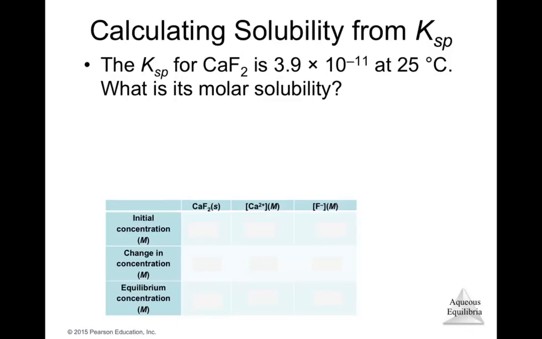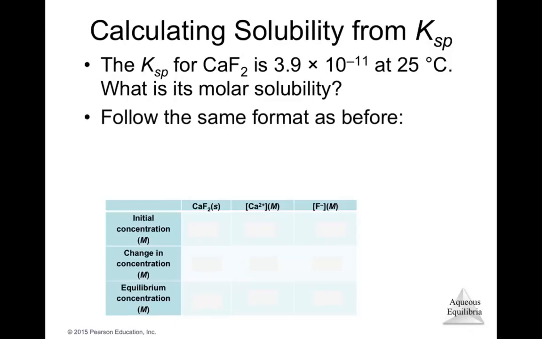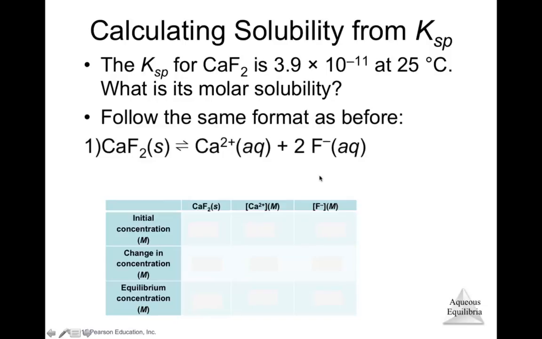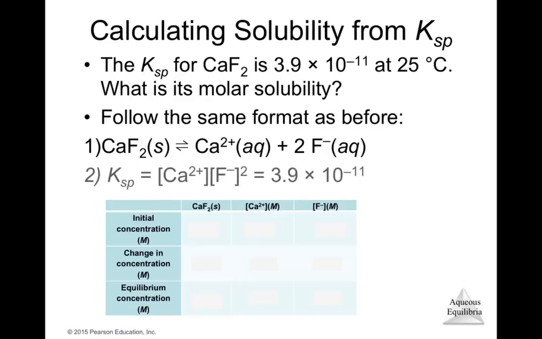Calcium fluoride is a solid and an ionic compound, so the equilibrium will be the formation of the calcium ion plus 2 ions of fluoride, because we have the coefficient 2 for fluoride. So the Ksp expression will be equal to the concentration of calcium times the concentration of fluoride squared, and this will be equal to the value that we have at the beginning.